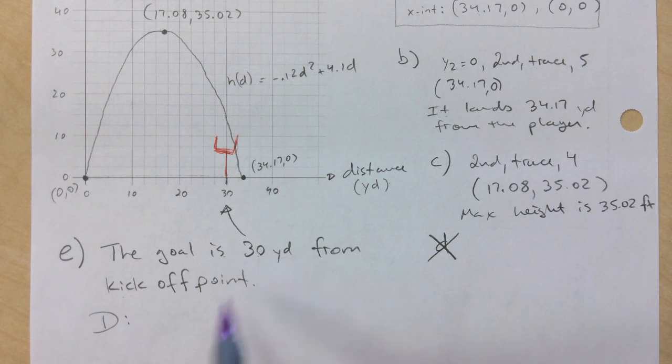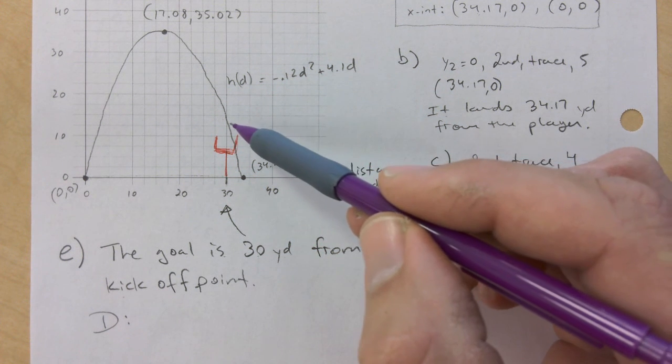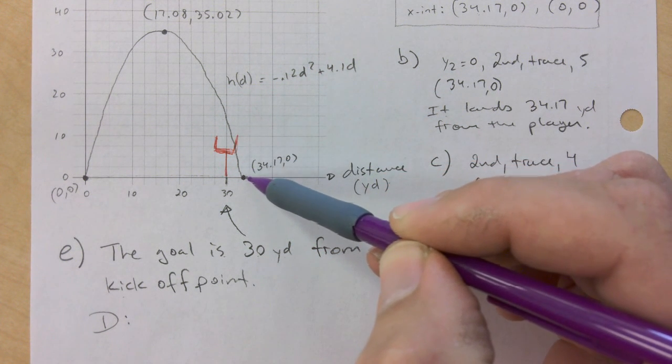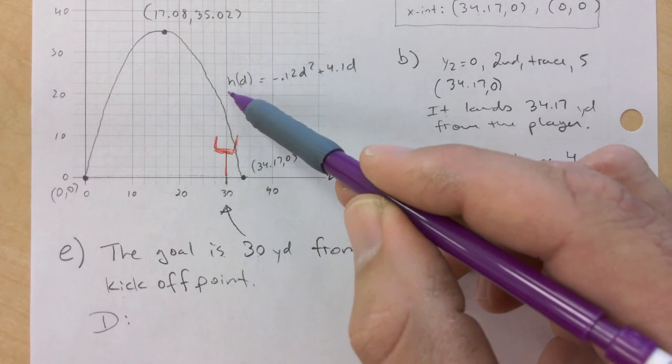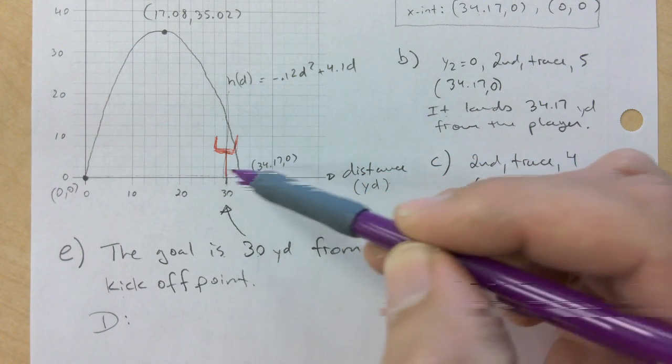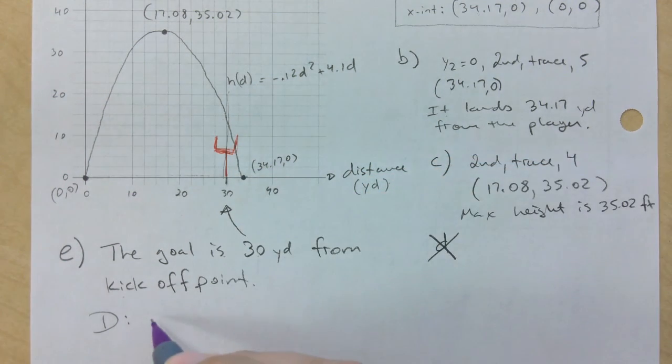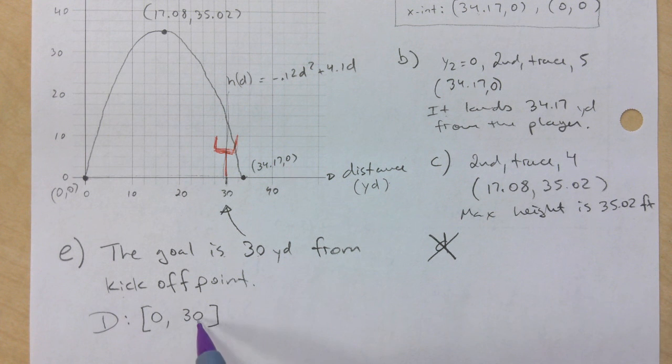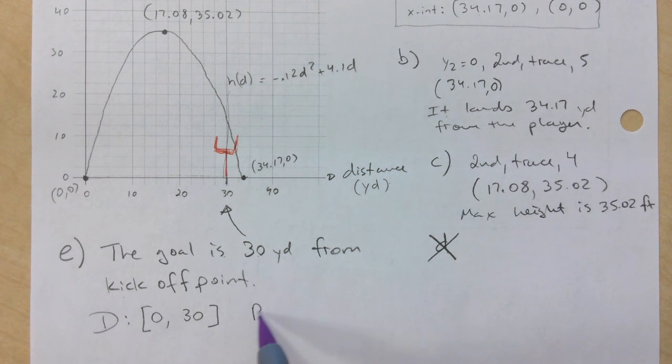So if the goal is 30 yards from the kickoff, that's when the action ends. I know the ball keeps going and obviously lands here, but let's say it ends right here, 30 yards from the kickoff. So my domain then would be 0 to 30 because I'm telling you that the action ends there.